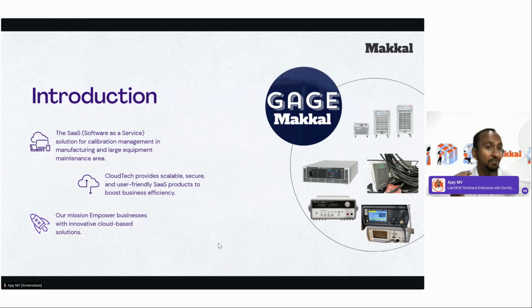So that's where we targeted the whole solution. When such a number of equipments are there, for example, in one of the industries we found they have 20,000 different equipments that need to be managed, and they need a better solution than simply relying on an ERP solution like SAP, which also has a calibration component, or a very simple solution like an Excel sheet.